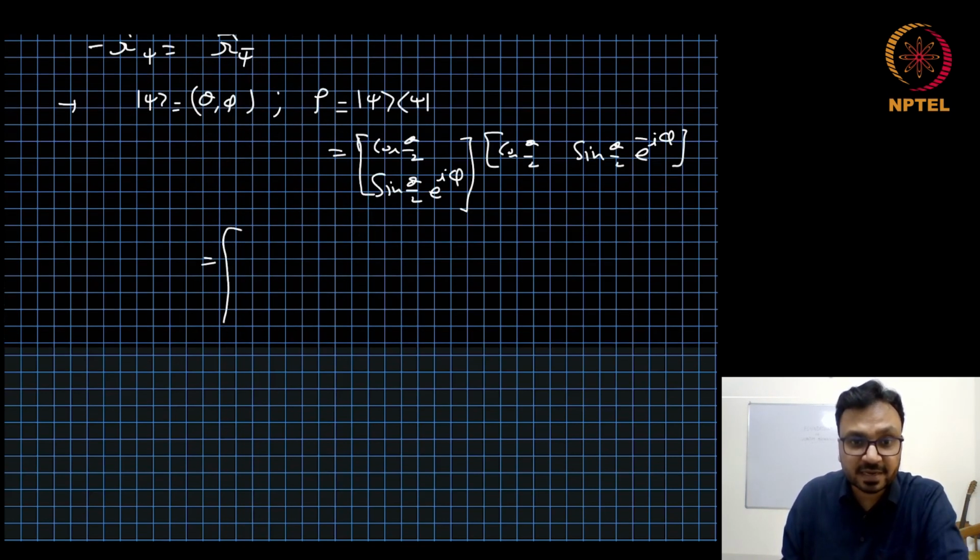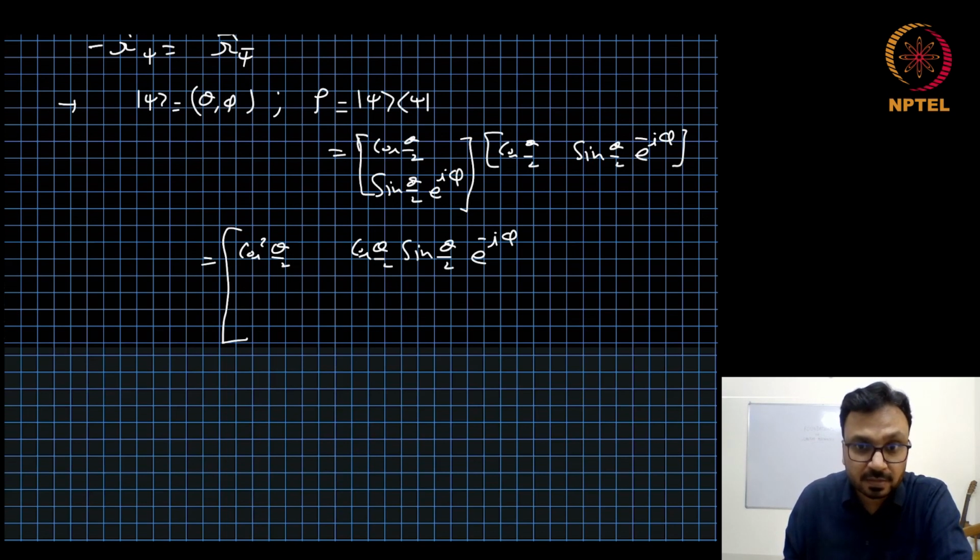When we multiply, we get cos square theta over 2, cos theta over 2 sine theta over 2 exponential of minus i phi, sine of theta over 2 cos of theta over 2 exponential of i phi, and sine square theta over 2.